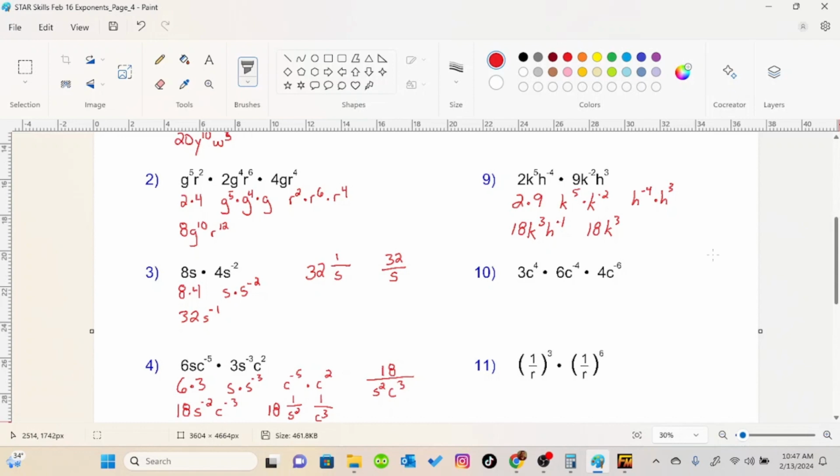The negative 1 represents 1 over h. We could rewrite this in a simplified form as 18 k cubed over h.